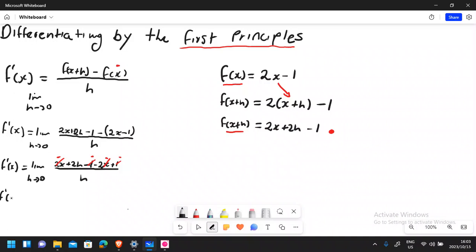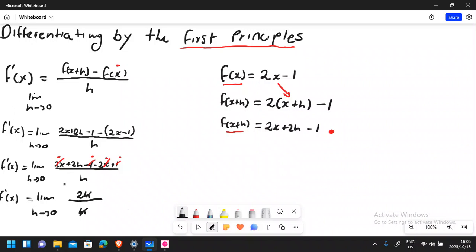All right, so we have f of x prime, and then limit, and then we know that limit h approaches 0. All right, so what are we left with here? We are only left with 2h over h. So when it's like this, obviously h divided by h is 1, multiplied by 2.